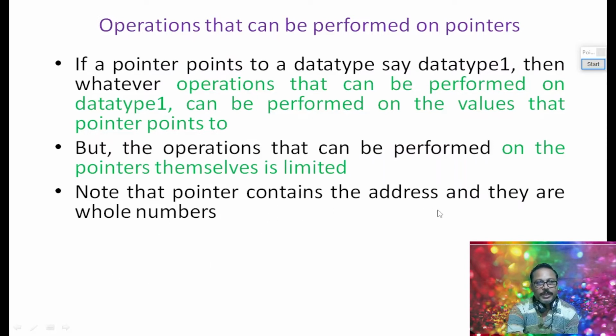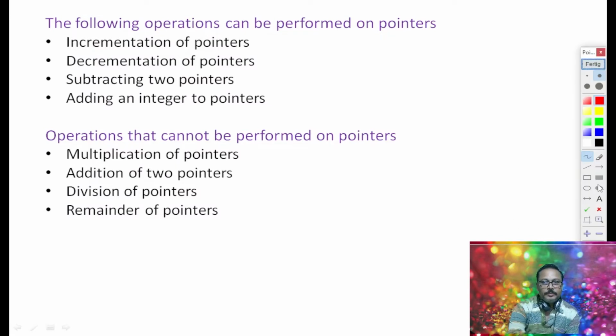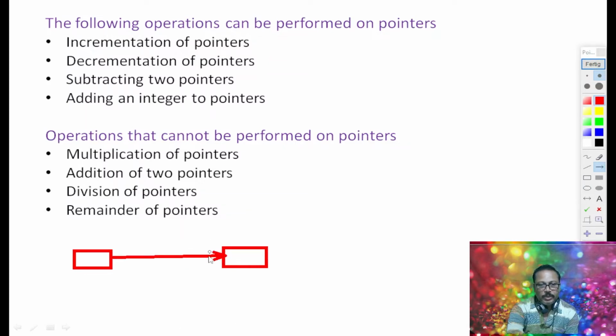Note that a pointer contains an address, and addresses are whole numbers. The following operations can be performed on pointers. Remember, again I will repeat: these operations are not about the data type to which it is pointing.